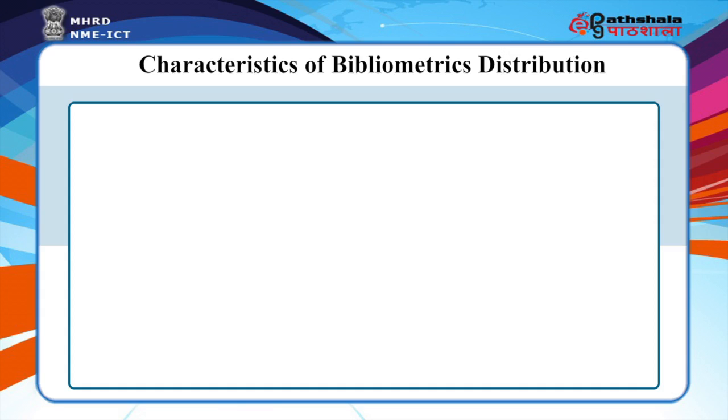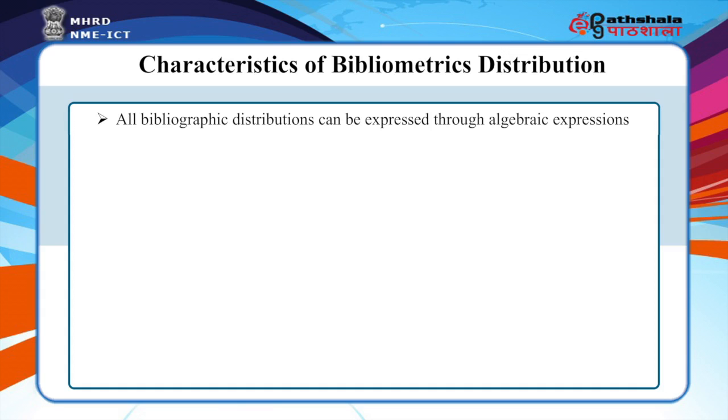Characteristics of bibliometric distribution. All bibliographic distributions can be expressed through algebraic expressions. On graphical presentation, they form different types of curves.